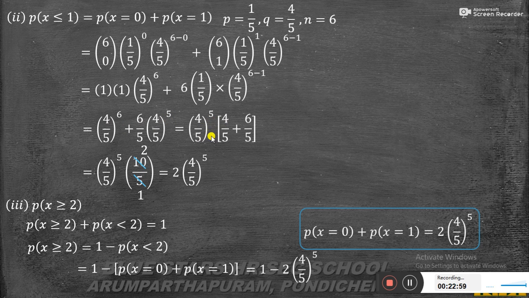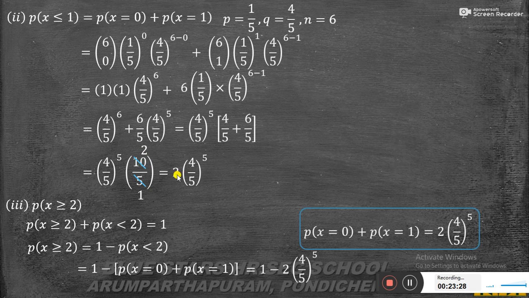The remaining terms are 4/5 from the first term, plus 6/5 from the second. Within the bracket, 5 is common in the denominator, so we add the numerators: 4 plus 6 is 10 by 5. 5 divided into 10, the answer is 2.